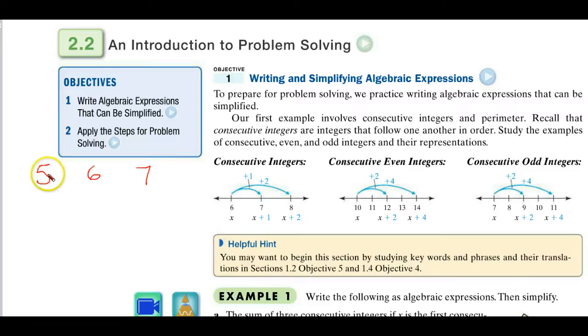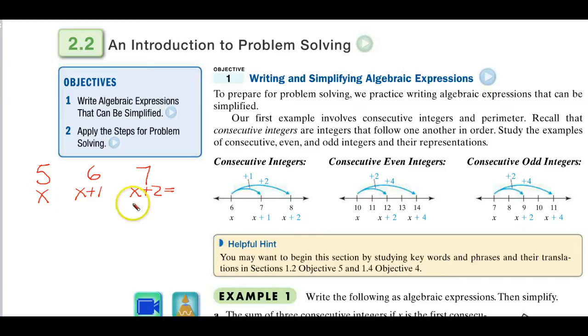So let's say we didn't know what 5 was. We could call that x. Now, in terms of x, if x is 5, how would I write 6? Well, x plus 1. And how would I write 7? x plus 2.